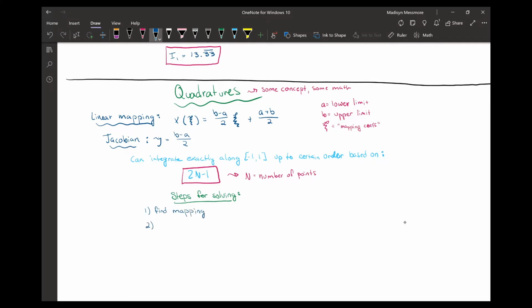Step 2, find the Jacobian. Step 3... actually, here's a better idea, better wording for this.